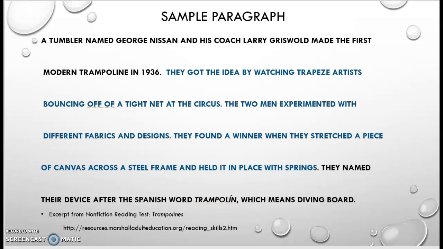I've selected this paragraph. This is a reading in one of the sites that I use from time to time. It's a reading tests, and this particular one is called Trampolines. And I've set apart the parts of this paragraph. The first sentence I put in black.